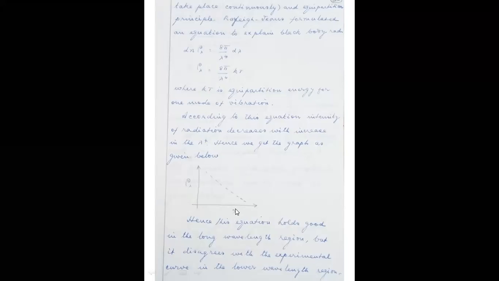Actually, the original curve is like this, but the curve obtained from the Rayleigh-Jeans equation is like this, which means this equation holds good in the long wavelength region, because the curve increases initially like this and then comes down like this. So in the long wavelength region, this equation holds good, but it is a total failure in the lower wavelength region.